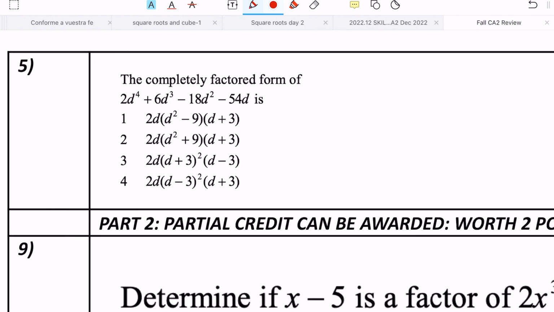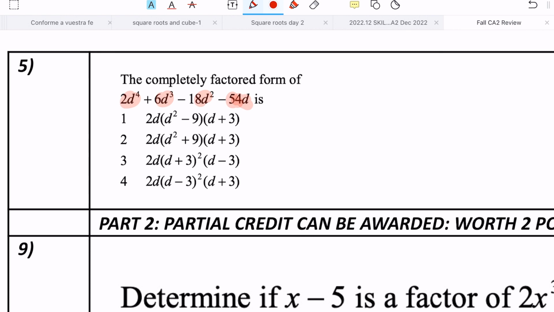The completely factored form of 2d to the 4th plus 6d cubed minus 18d squared minus 54d is, okay, so we're going to analyze each of the terms. One of my observations is that I see all of them have a variable d, and they're also even numbers.